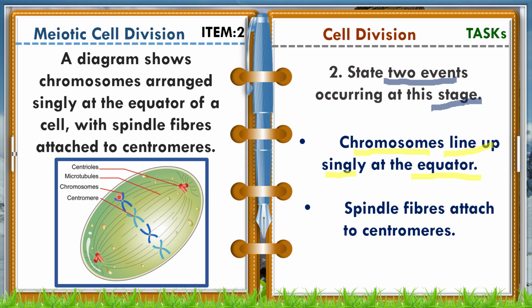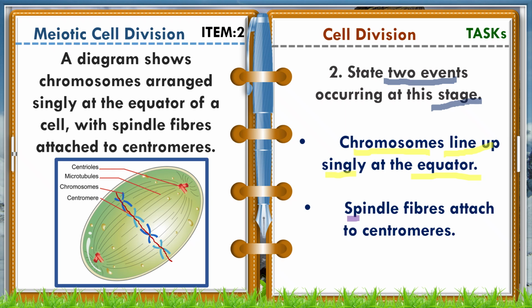All of them are aligning themselves on the equator, and I told you that the equator is the middle of the cell where the chromosomes arrange themselves. You can see that each one is alone. They are not homologous, they are not paired chromosomes, but each one is aligning itself alone at the equator.